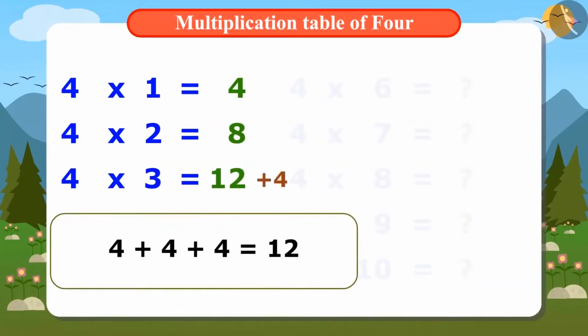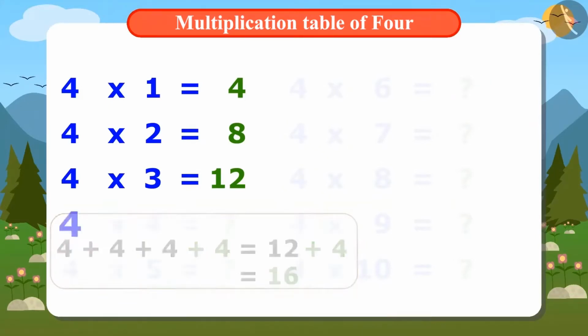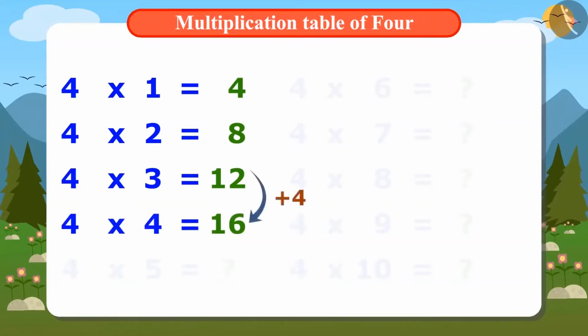Now by adding 4 to 12, we can find out how much we get if we add 4 times. Okay, instead of adding 4 times, we will add 4 to 12. And the answer will be 16. That is 4 4s are 16.